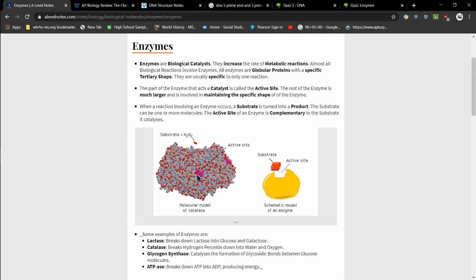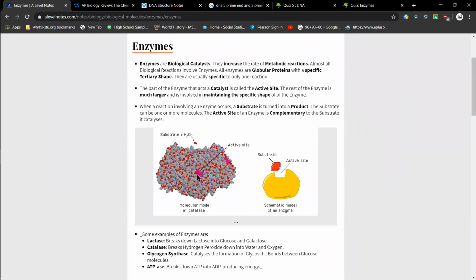Because enzymes are really specific, if their shape changes even a little, just by a single molecule or single bond, they won't be able to function. That's why it's key that this entire giant structure is there, because if even one atom is not there in the active site, it won't function properly.